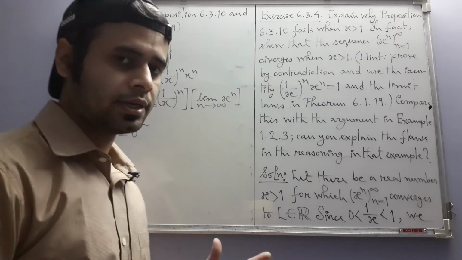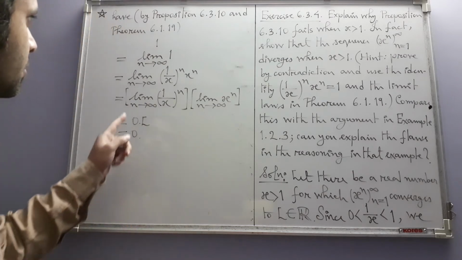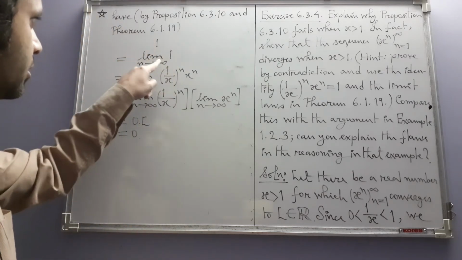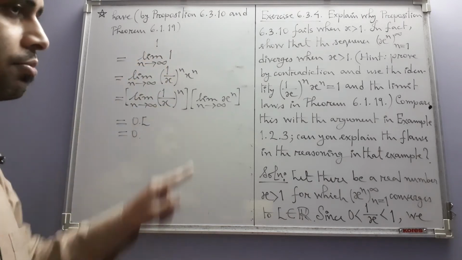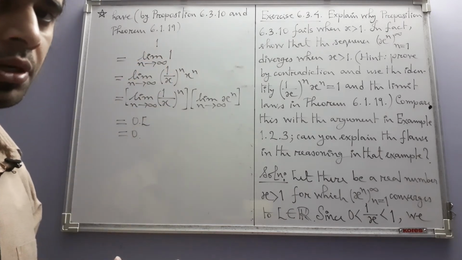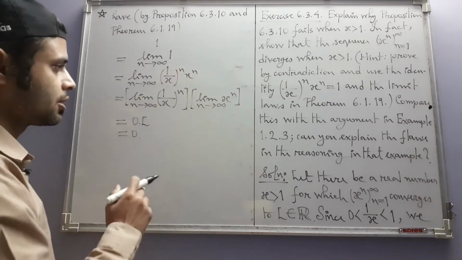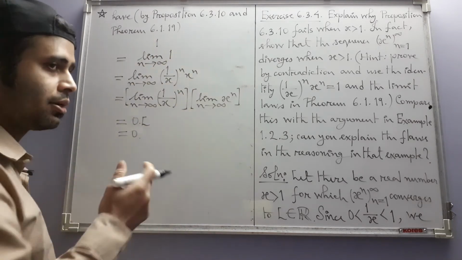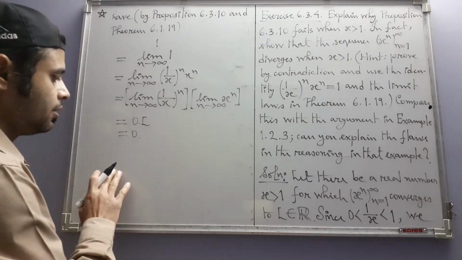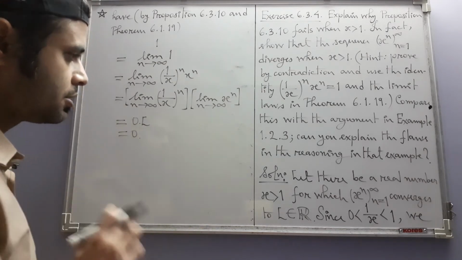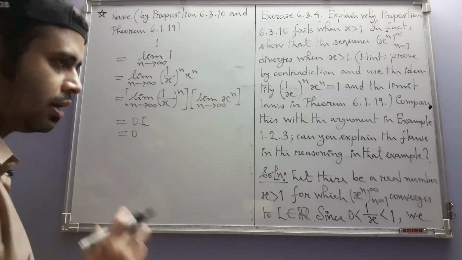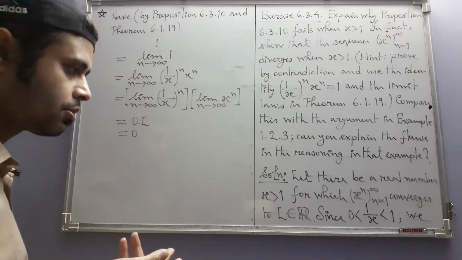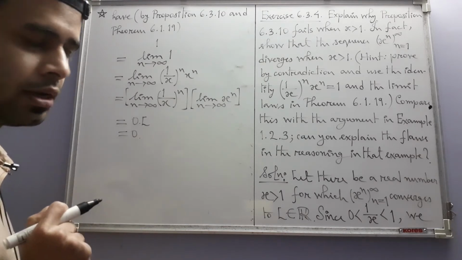Okay, let us now justify the steps. 1 of course is the limit of 1. Now in this equation you should interpret this 1 as the constant sequence 1, all of whose terms are equal to 1, and clearly that sequence converges to 1. We have seen that any sequence consisting of the same real number, all of whose terms are equal to that real number, is convergent and it converges to that real number.